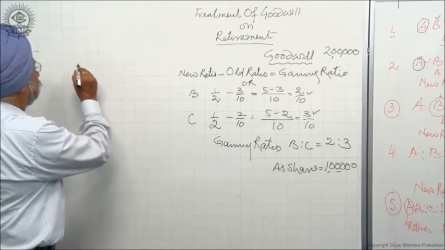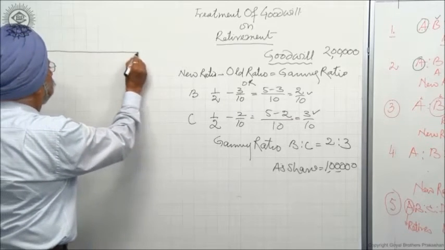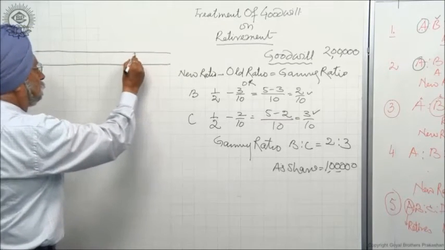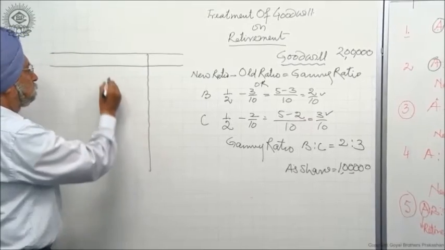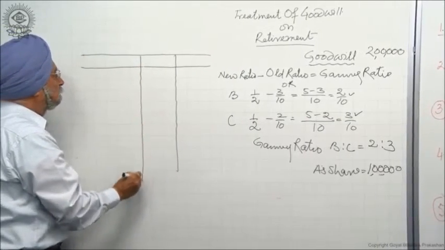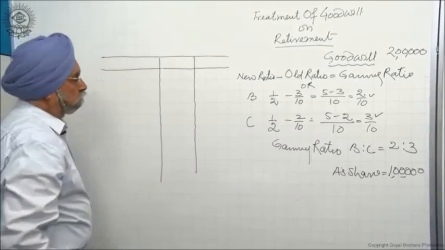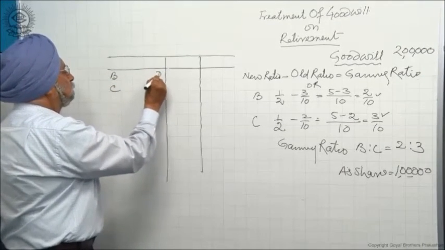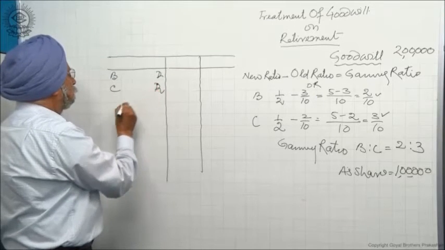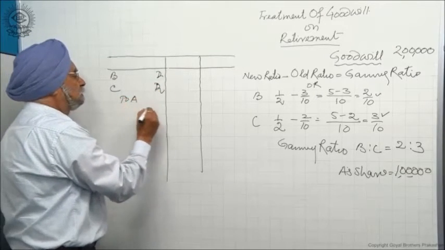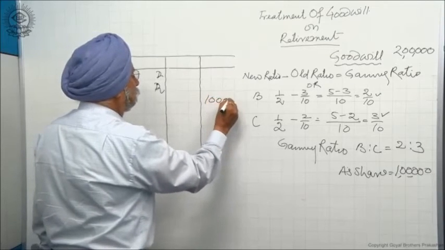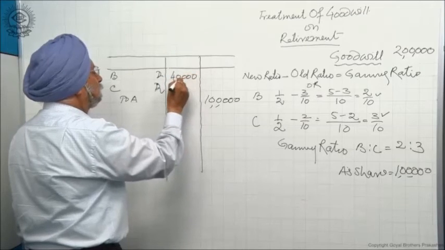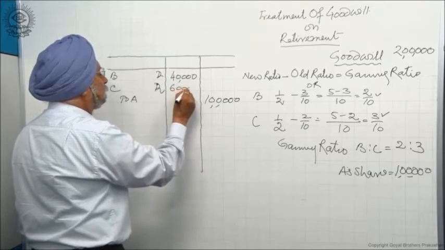So again a journal entry will be passed in the same way. The continuing partners are B and C, so it is B debit, C debit to A. A gets his 1 lakh, and it will be 40,000, in the gaining ratio, and 60,000.